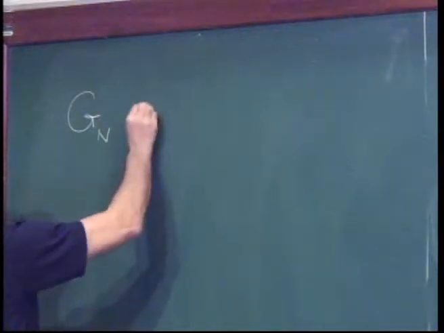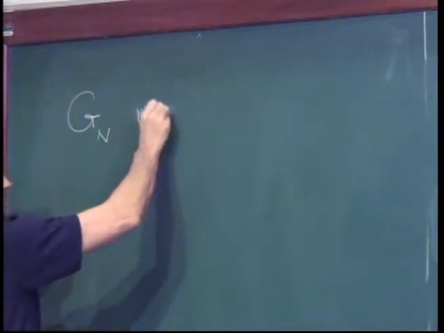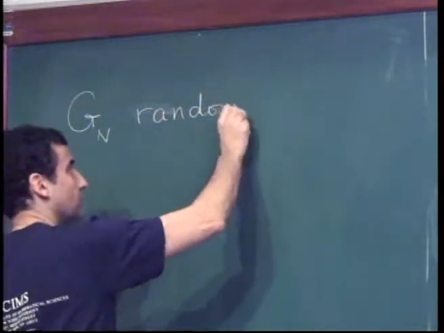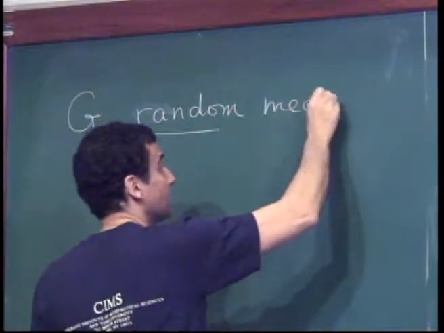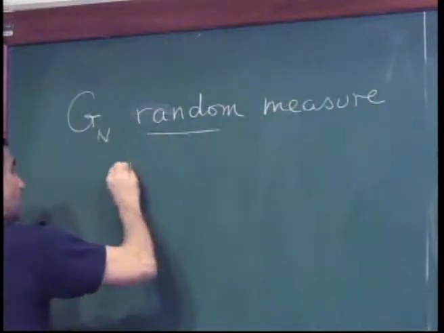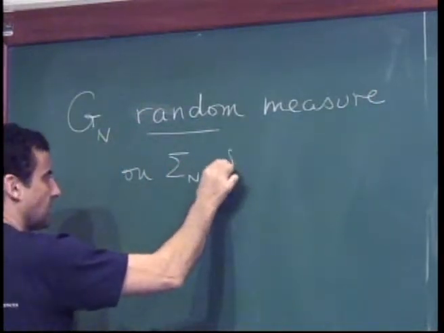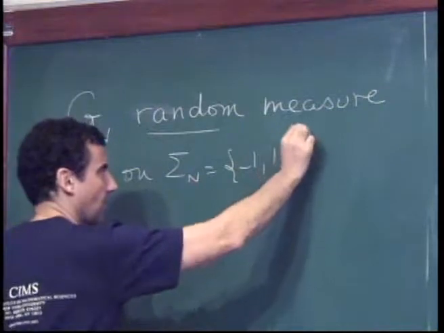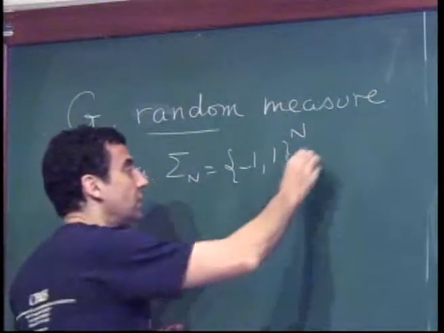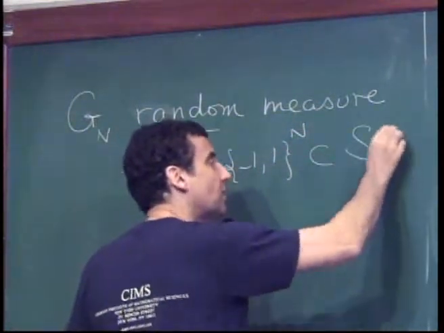So let's start with G_N. Okay, so our G_N, that's the Gibbs measure. It's a measure, let's say for the moment I'm talking only about the Ising case. So this is a random probability measure on the cube, which is included in, I will change the notation here, the sphere of radius square root of n.